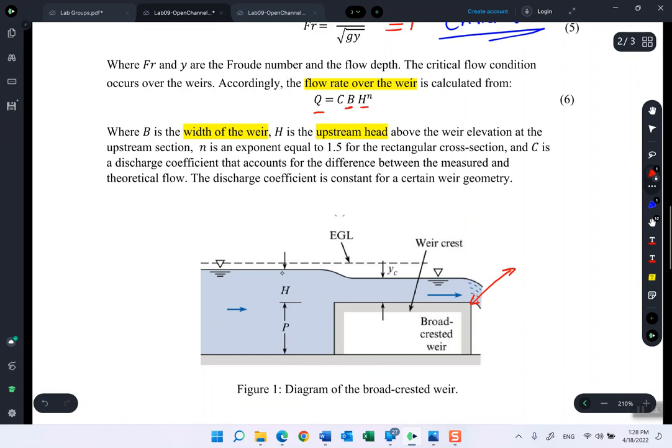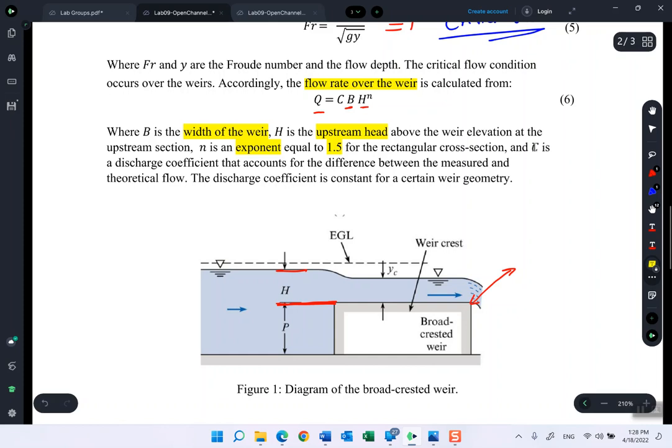And H is simply the distance or the depth of the water just above the crest of the weir. N is an exponent, which, if you are dealing with a rectangular cross section, will equal 1.5. So these are the 2 main parameters or characteristics for any weir.